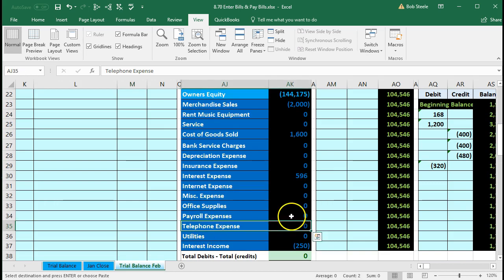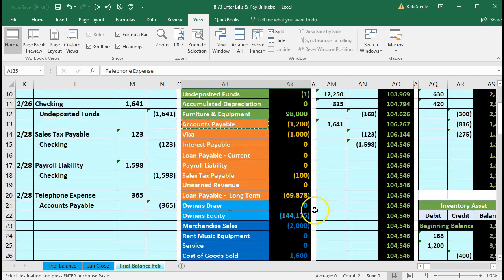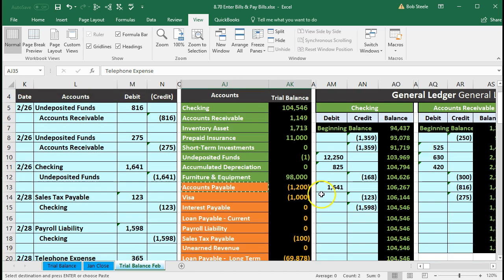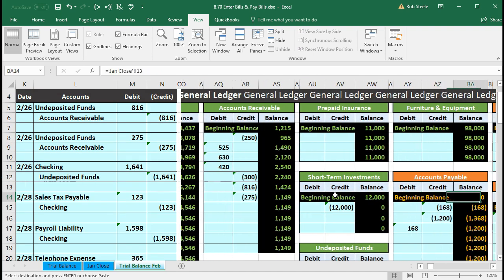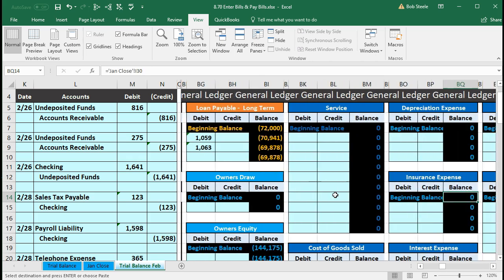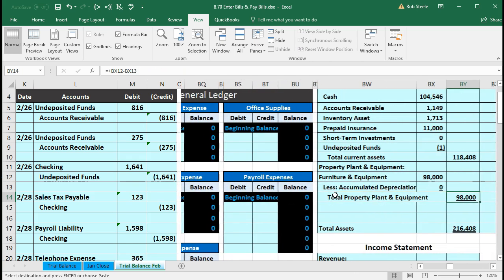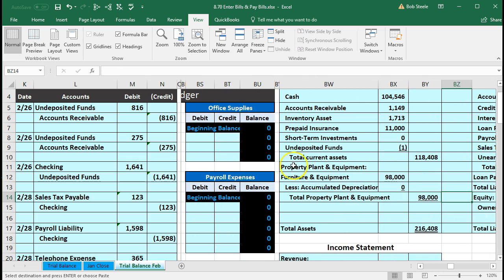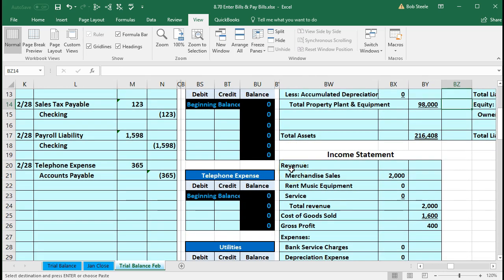It's the second to last account on the trial balance, and therefore the second to last account on the general ledger. So we're going to take a scroll to the right. It's going to be assets in green, then liabilities in orange, and then equity in light blue, and then the expense accounts.